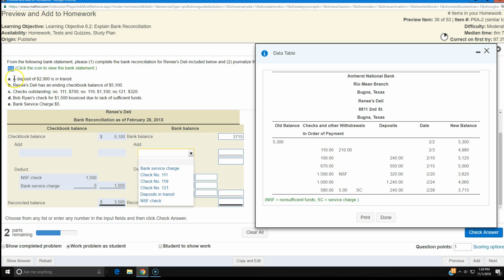Okay, yeah, we made a deposit toward the end of the month, which the bank didn't get. So that 2,000 was included in this 5,100, but not included in the 3,715. And that is why we have to add in order to reconcile the deposit in transit.